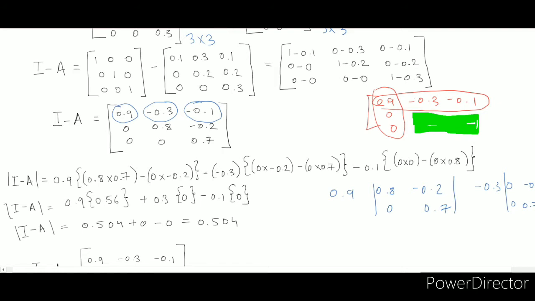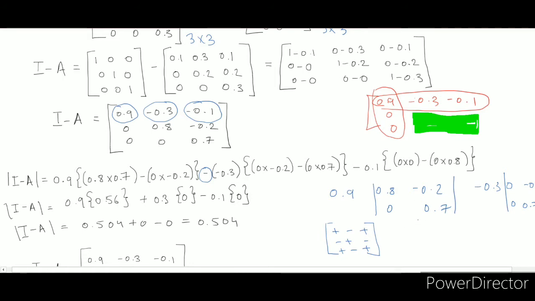Now you might wonder, why is there a minus sign over here? You should remember that the elements of a matrix are also positional elements, which means if it's a 3 by 3 matrix, these are the signs associated with each element. And how do we derive these signs?